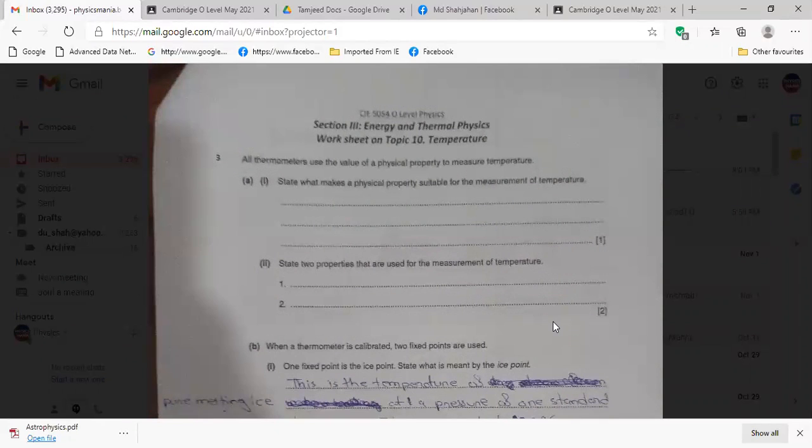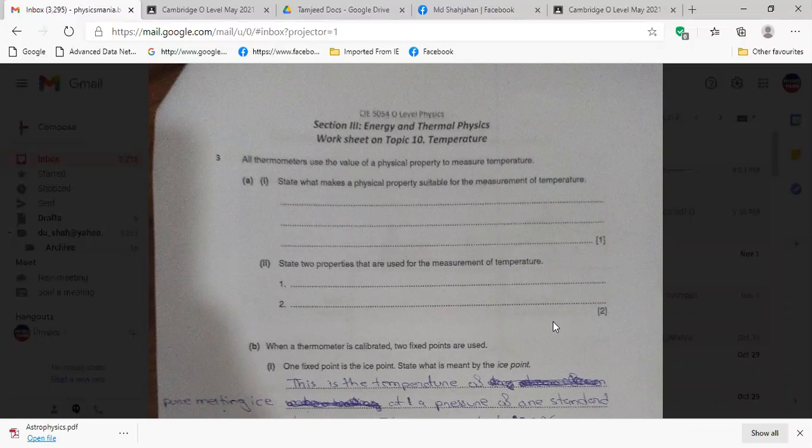Look here, the first part. All thermometers use the value of a physical property to measure temperature. State what makes a physical property suitable for the measurement of temperature. Linearity, right? Linearity means directly proportional. If your temperature rises 2 degrees Celsius, then your length of expansion will be, for example, 3 centimeter, or 4 centimeter.